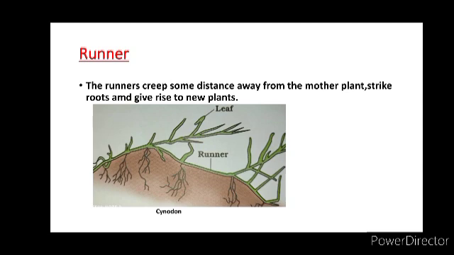This cynodon grass possesses thin branches which arise from the axils of the leaves. These branches are called runners. The runners creep some distance away from the mother plant, strike roots and give rise to a new plant.